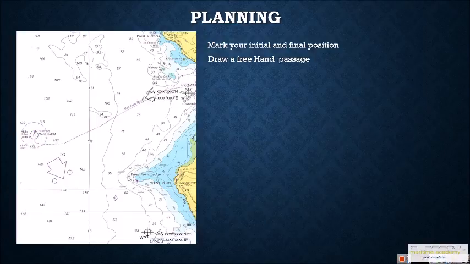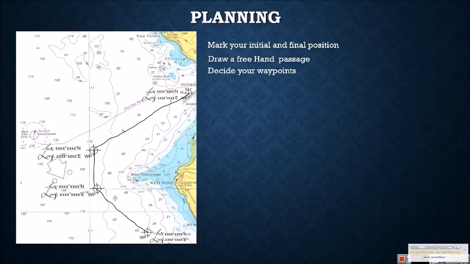You would then draw a freehand passage based on recommendations by Sailing Directions or Ocean Passages of the World. You would decide your waypoints. Then fine-tune your waypoints to the nearest grid line or to get good numbers, because you don't want ugly numbers like 3.333 or 3.003.